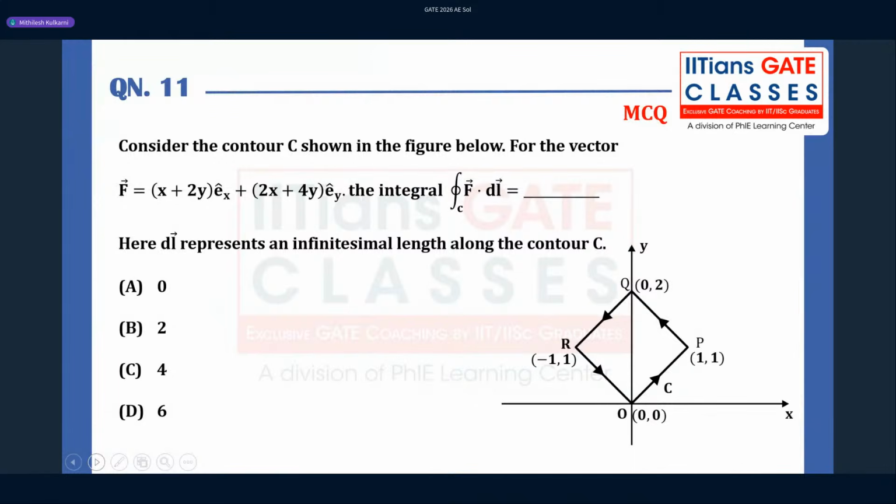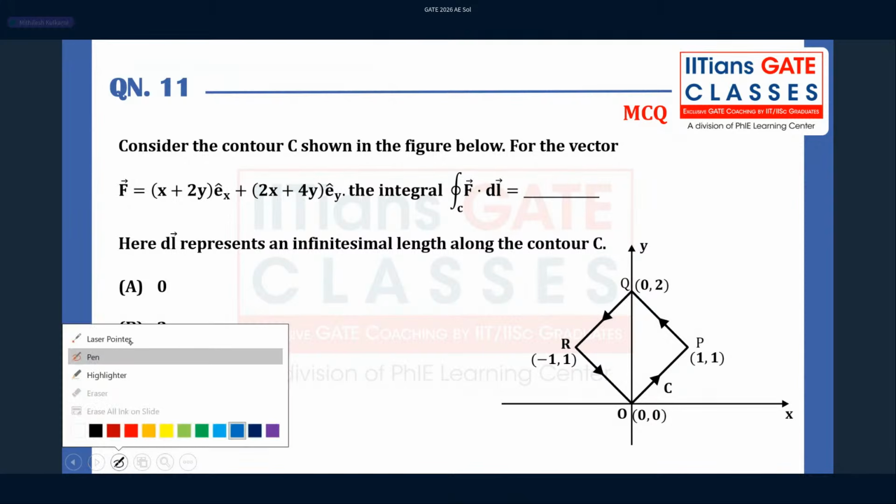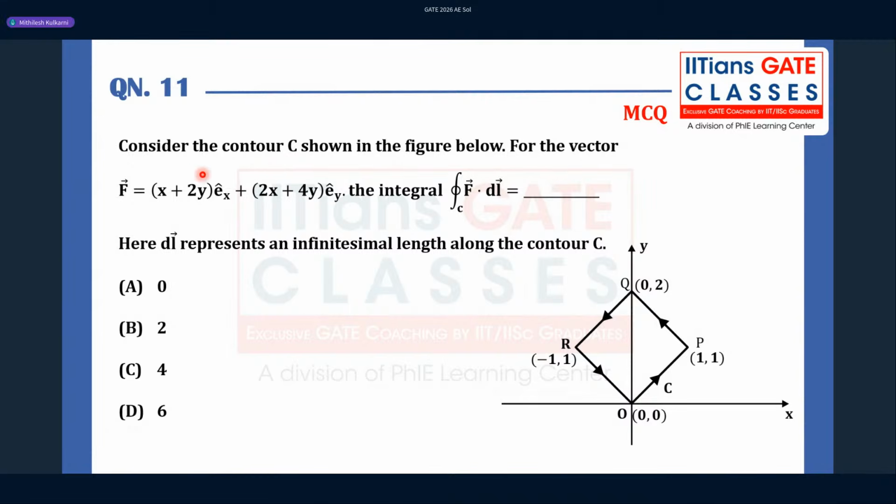So this is a 1 mark question from vector calculus. The question is: consider the contour C, as shown in this figure.